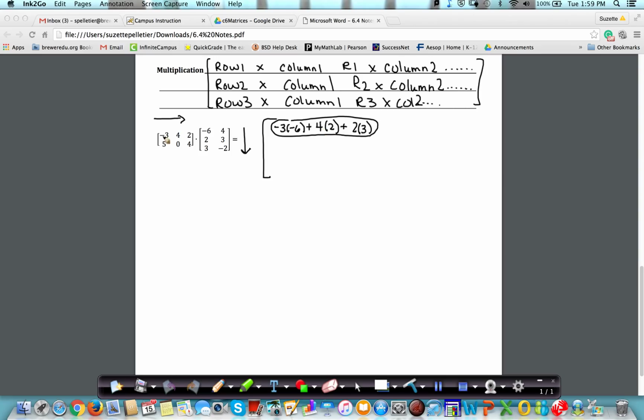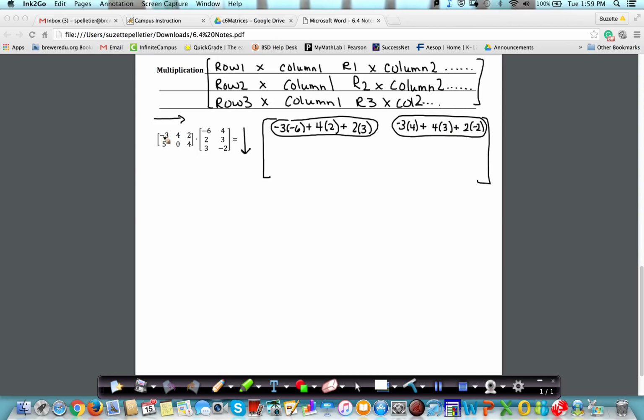Then we're going to do the same row, but this time multiplying by the second column. Again, first item to first item, second item to second item, third item to third item. So we're going to get -3 times 4 plus 4 times 3 plus 2 times -2. And that whole thing is going to yield the upper right-hand element of the final answer.